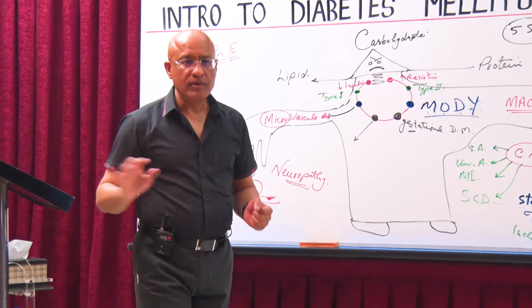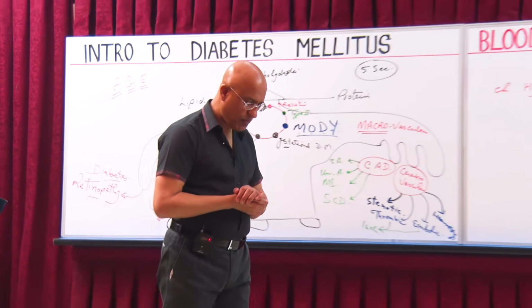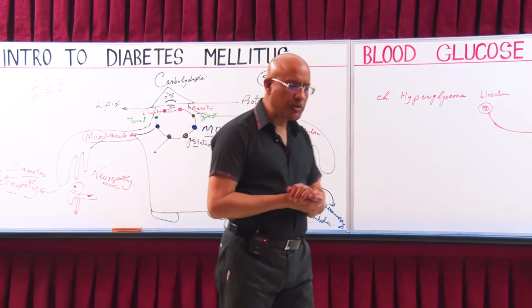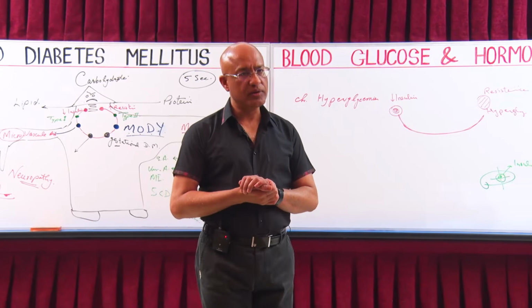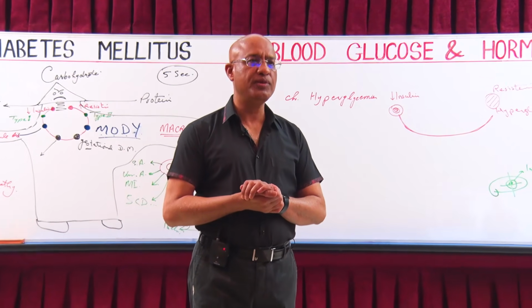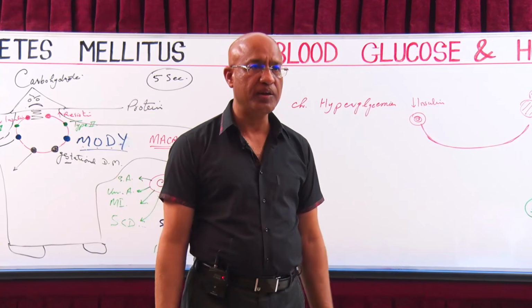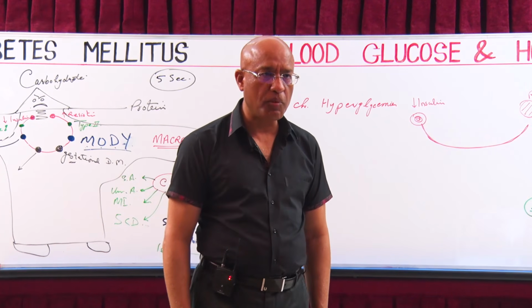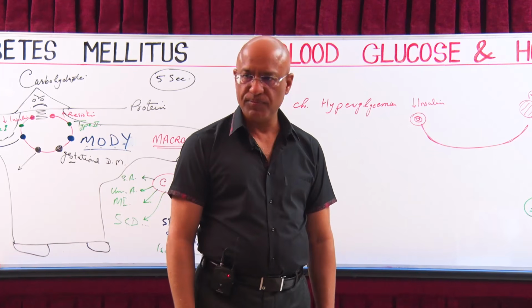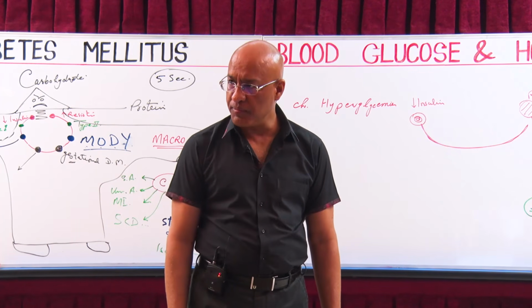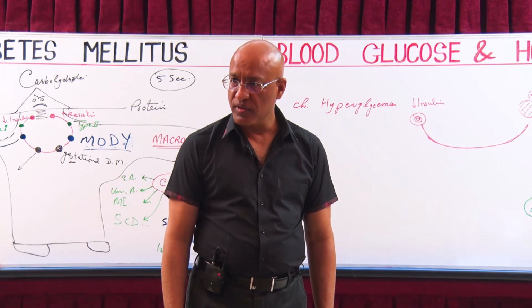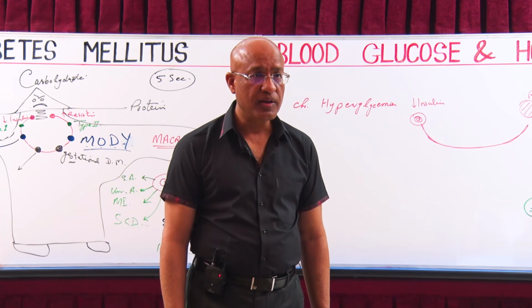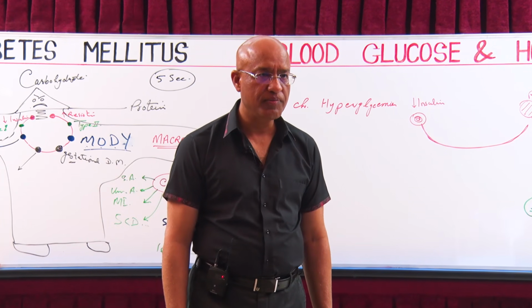This neuropathy occurs in different forms in patients. One of the common manifestations is peripheral neuropathy, peripheral polyneuropathy, most commonly in lower limbs. Right? In the lower limbs, the neurons, especially sensory neurons, may undergo dysfunction.